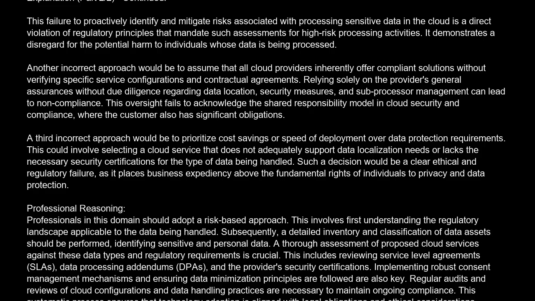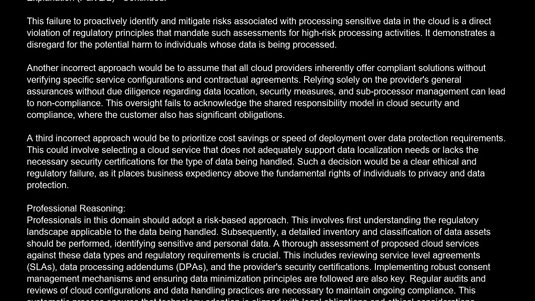Professional reasoning. Professionals in this domain should adopt a risk-based approach. This involves first understanding the regulatory landscape applicable to the data being handled. Subsequently, a detailed inventory and classification of data assets should be performed, identifying sensitive and personal data. A thorough assessment of proposed cloud services against these data types and regulatory requirements is crucial.